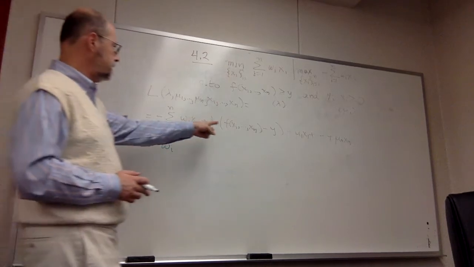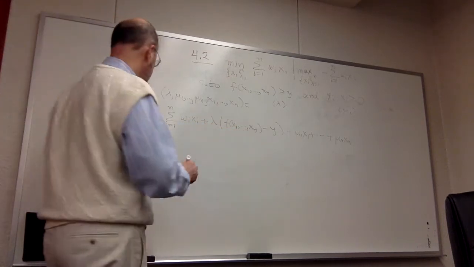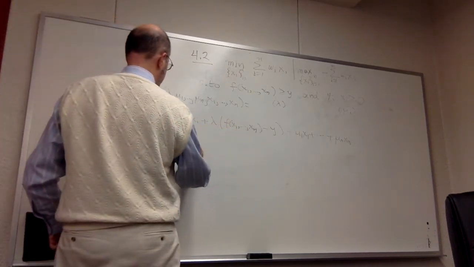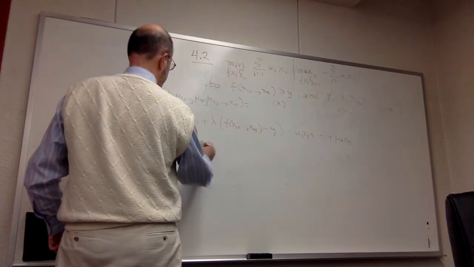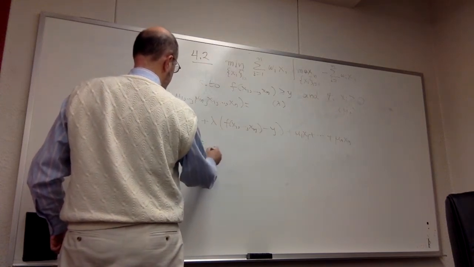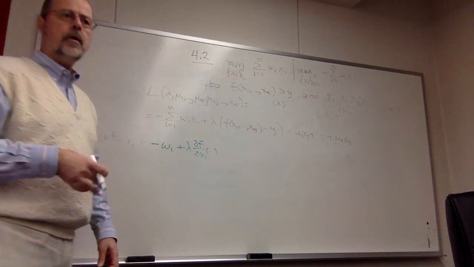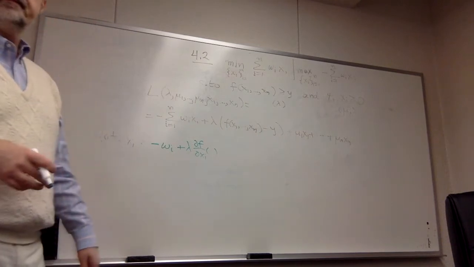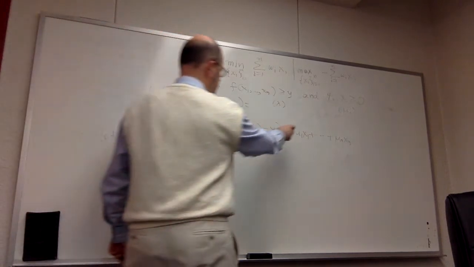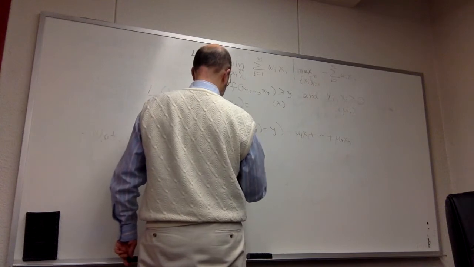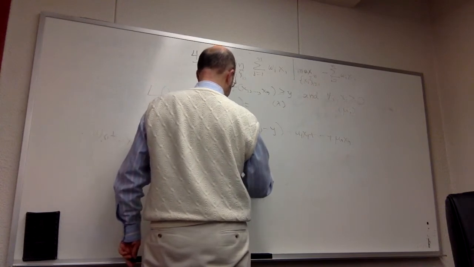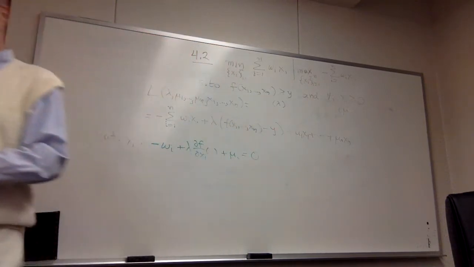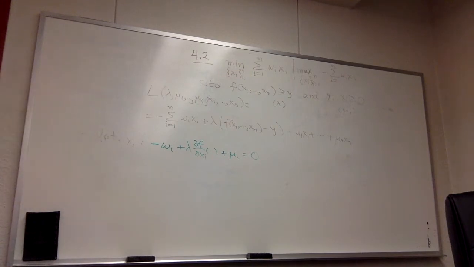And then an xi is in here, so it will be plus lambda partial of f with respect to xi, evaluated at the optimum, of course, right? And then from here, plus mu i, and it needs to be equal to 0. Any questions?